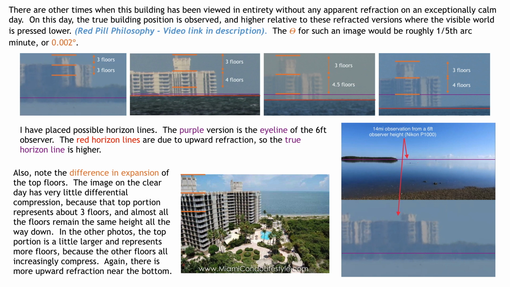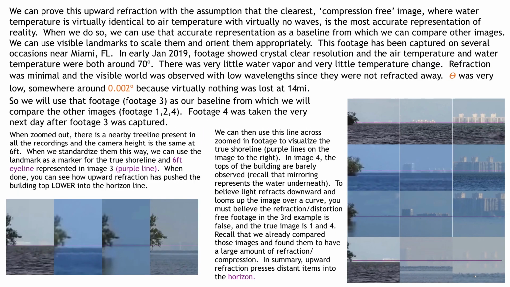And so all these floors are getting pressed and squashed together near the bottom because the light rays are getting refracted more near the bottom. Again, the water vapor layer is rapidly dissipating. It's not a nice gradual linear dissipation into a more dense air layer. It's kind of a rapid dissipation, and so you see this differential compression effect.